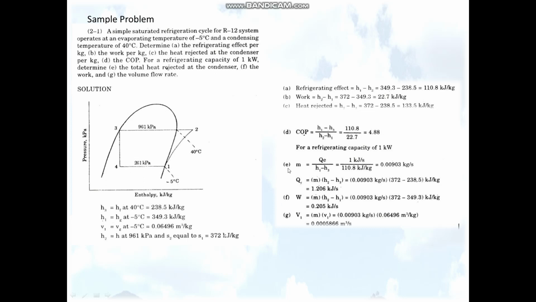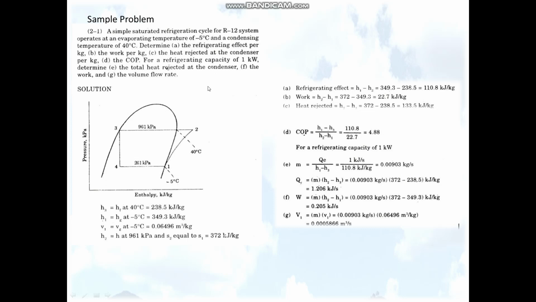So we get M is equal to QE over H1 minus H2. So we just substitute the values, we will get 0.00903 kilogram per second.